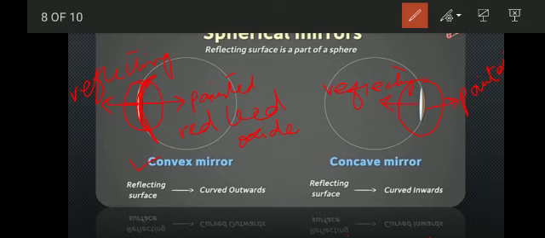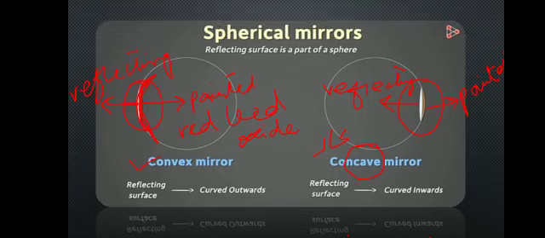You can also remember this from the word cave, because cave means ghar, which is inwards. So concave means the inner curved surface is reflecting. So these two types of spherical mirrors are according to their reflecting curved surfaces.